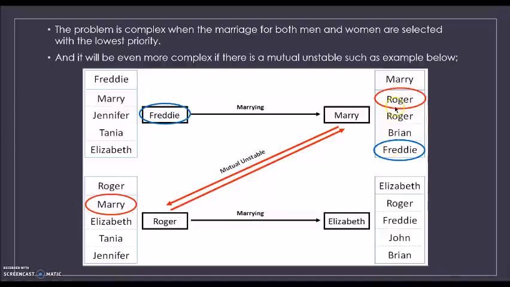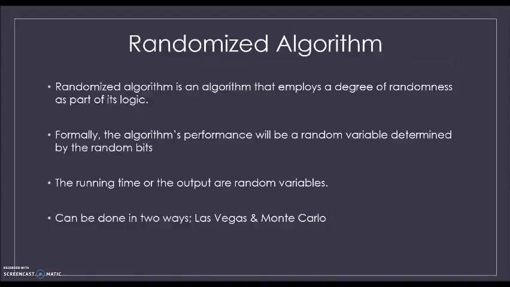Roger is her first choice. Elizabeth got Roger as her first choice, but Roger doesn't get Mary as his first choice. And this is not going to make a stable marriage. This we want to avoid actually.